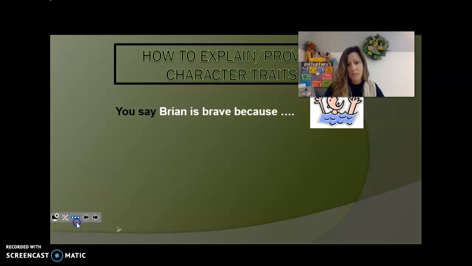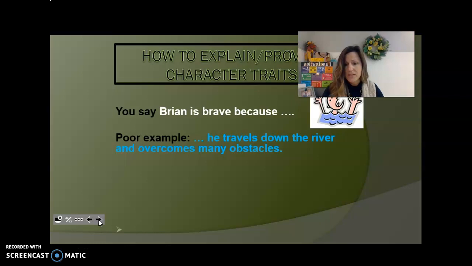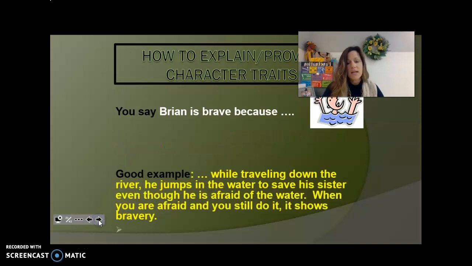So here is an example. You say Brian is brave because he travels down the river and overcomes many obstacles. So that's okay, but it's not great, all right? A good example would be: Brian is brave because while traveling down the river, he jumps in the water to save his sister, even though he's afraid of the water. When you are afraid and you still do it, it shows bravery, okay? So you're stating the trait that he's brave.